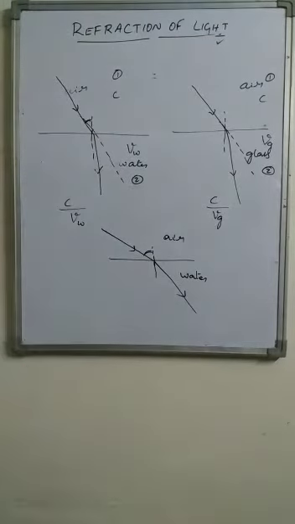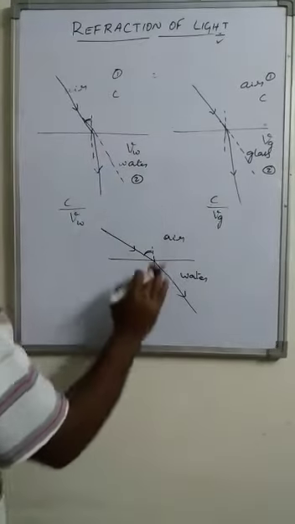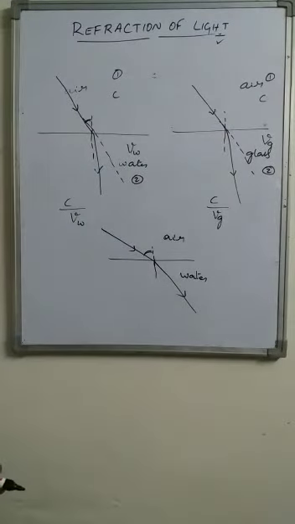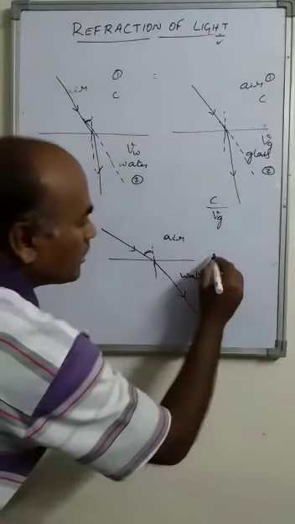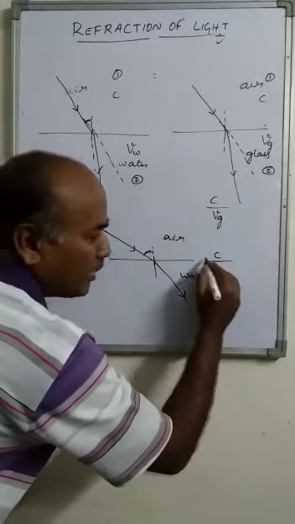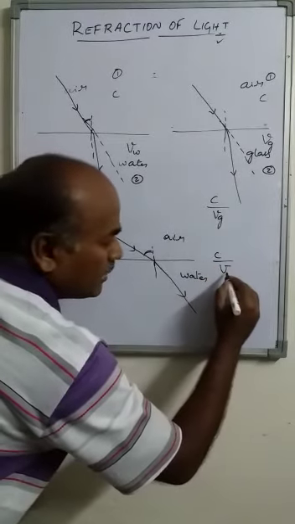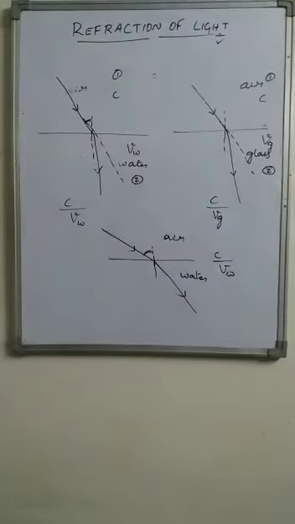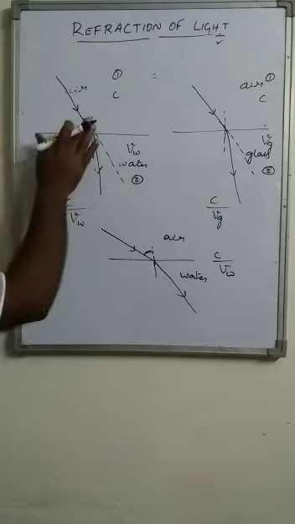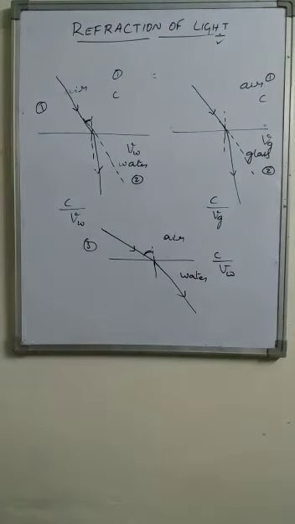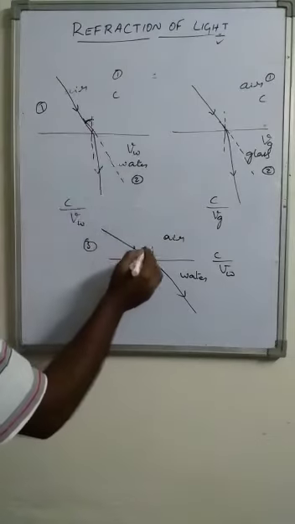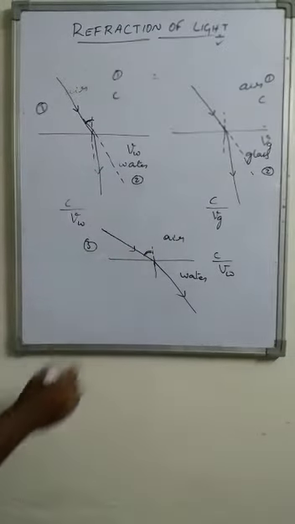In both the cases refraction takes place. In the first case and third case, you see, the two media are same. What is different? The angle at which the light strikes the surface.